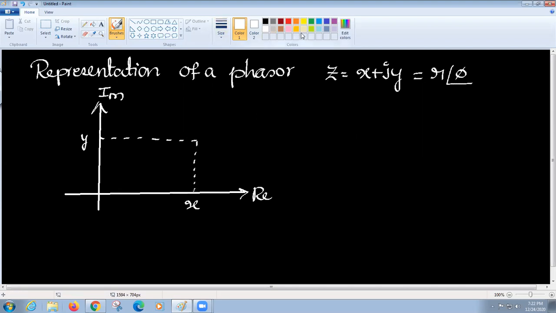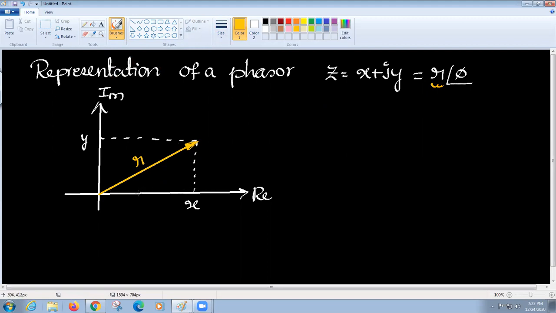Then this is the resultant, the direction is this. The length of this vector is nothing but your r, that is the magnitude of z, where z equals x plus jy.